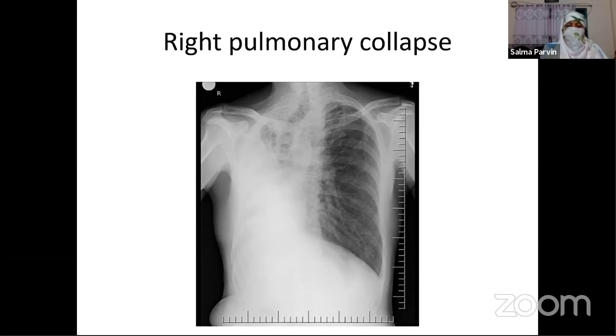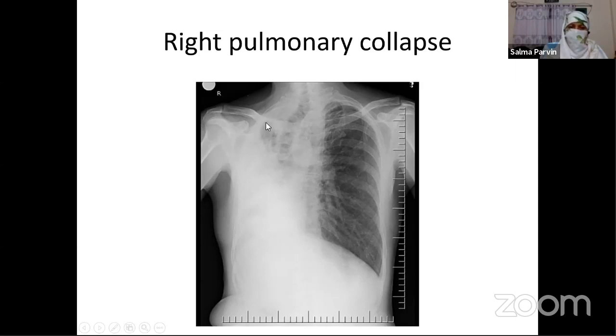Let's have a review. This is a mostly opaque right lung seen here, and a relatively clear left lung. The left lung, you see, is the larger lung in comparison to the right one.